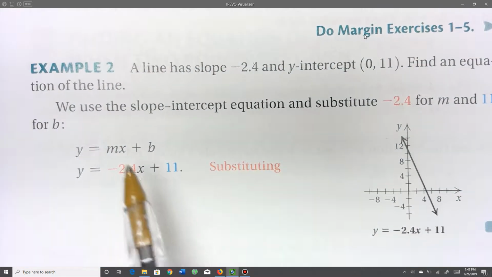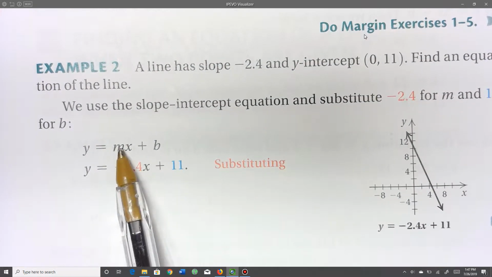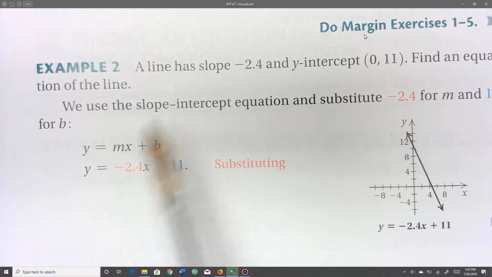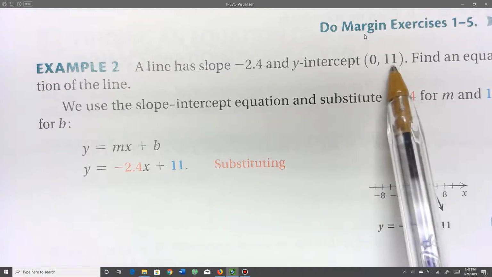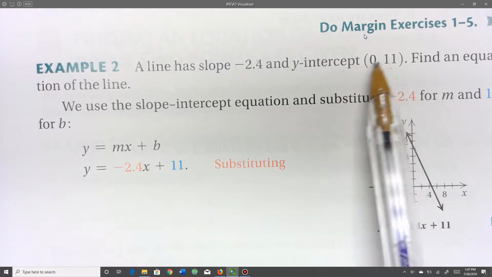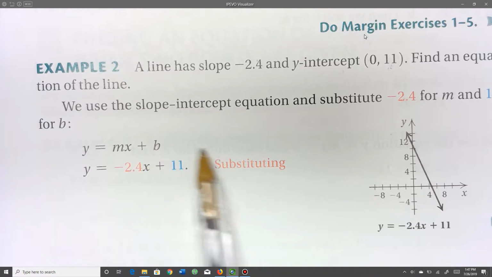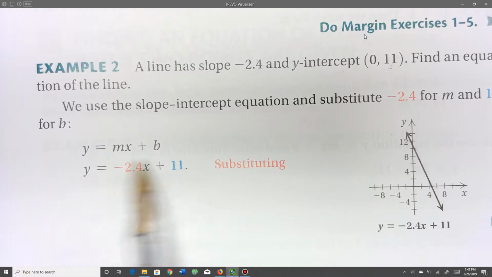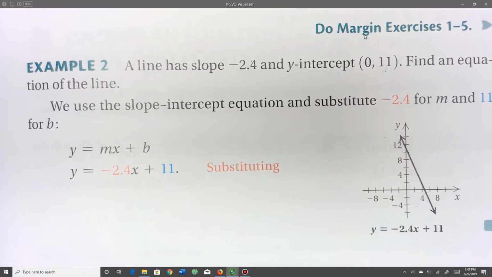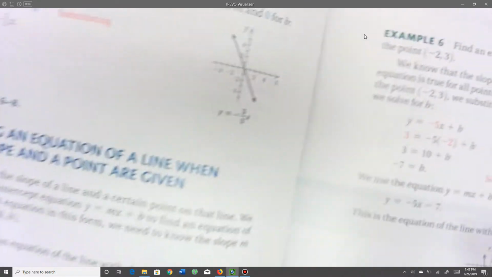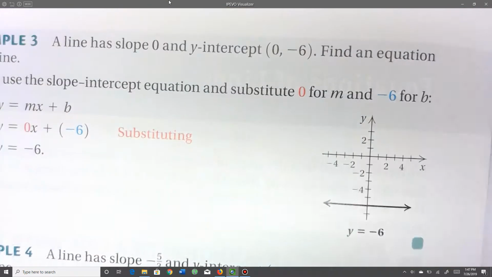So all you have to do is substitute -2.4 for the m, for the slope, and the y value in the ordered pair for the b, and that's it. You have your equation. It is that simple. So let's move on and see if we get any other variations of this.